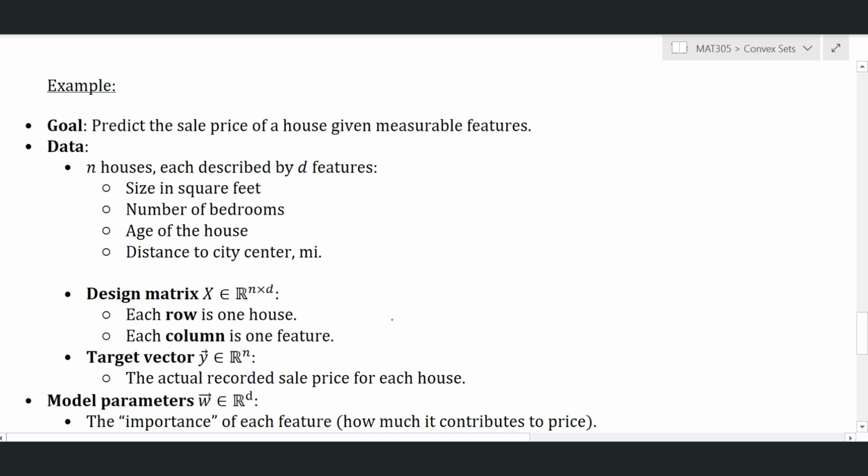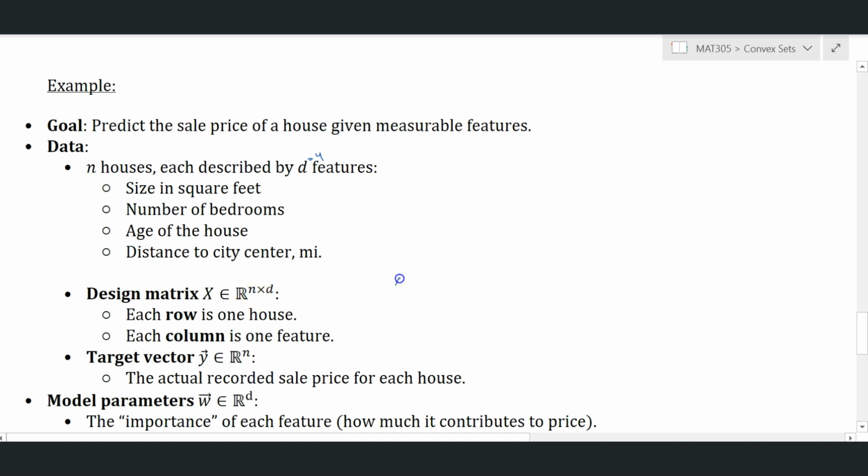So here I'm just going to state we have a convex optimization problem. Let's say that our goal, like one of the many things we do in machine learning, is to predict something. So we want to predict the sale price of a house given measurable features. So let's say that we have n houses, each described by d features. In this case, we'll just say features: the size in square feet, number of bedrooms, age of the house, distance to the city center. We're going to build this design matrix, capital X, which will be an n by d matrix.